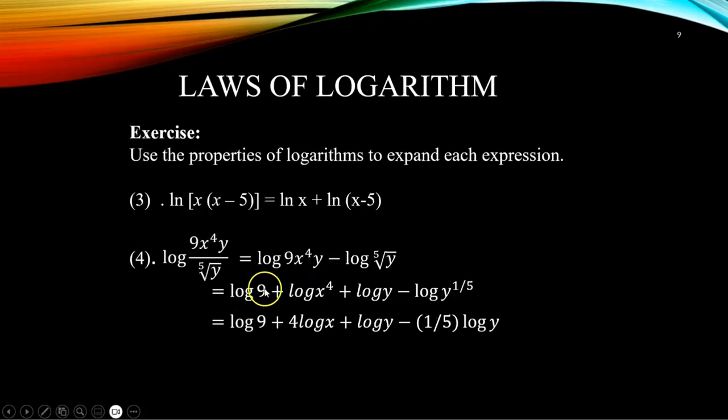So logarithm of 9 plus logarithm of x to the 4 plus logarithm of y. And then this one, as I have said earlier, logarithm of y raised to 1/5. The index here is 5. So logarithm of 9, and this is 4 logarithm of x, plus logarithm of y minus 1/5 log y.